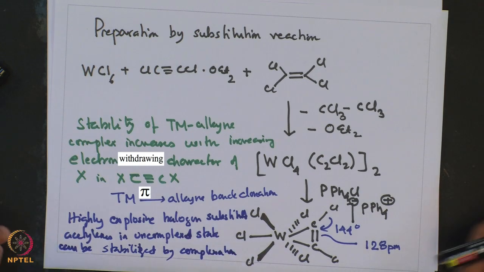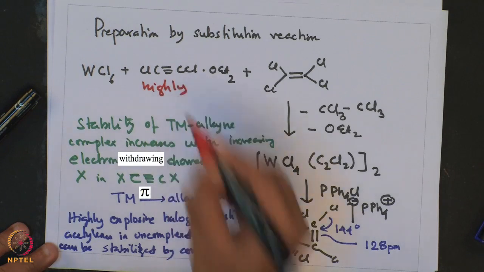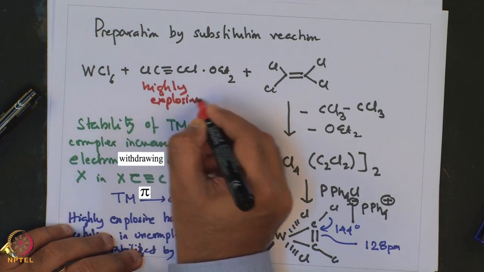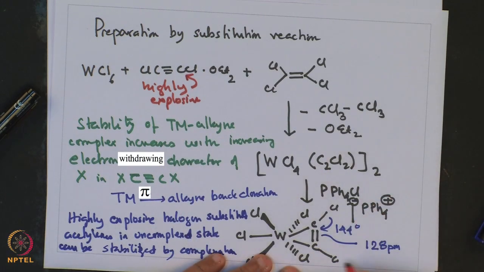So, that means this alkyne by itself is highly explosive in nature, and when it is in the complex state, the alkyne is stabilized.